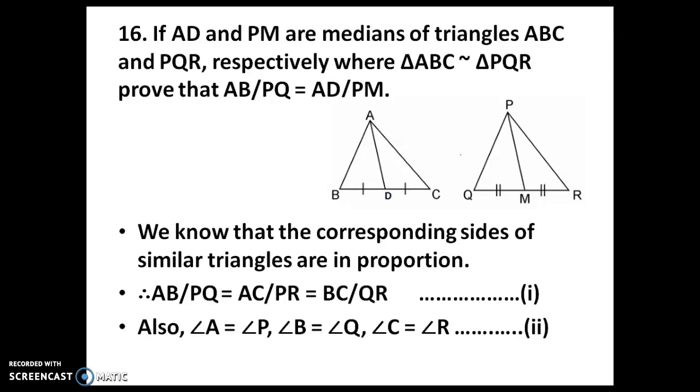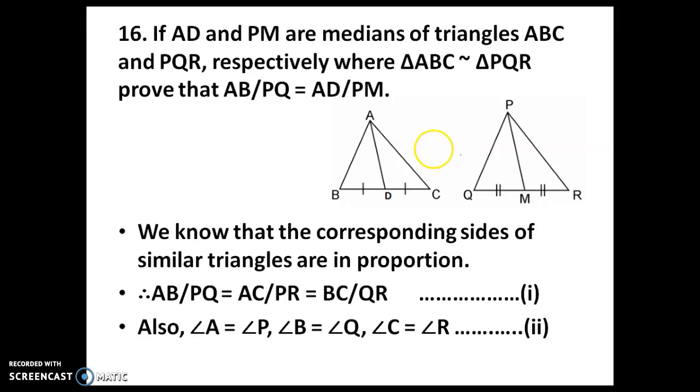If AD and PM are medians of triangles ABC and PQR respectively, where triangle ABC is similar to triangle PQR, prove that AB by PQ equal to AD by PM. These two are whole triangles. ABC full triangle is similar to PQR full triangle, that is already given.